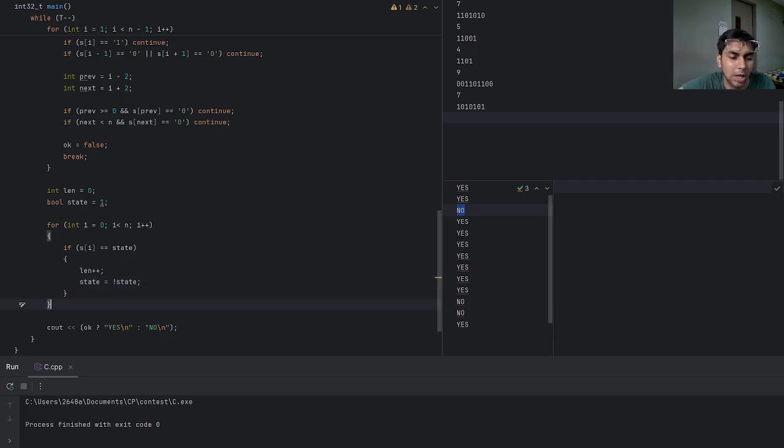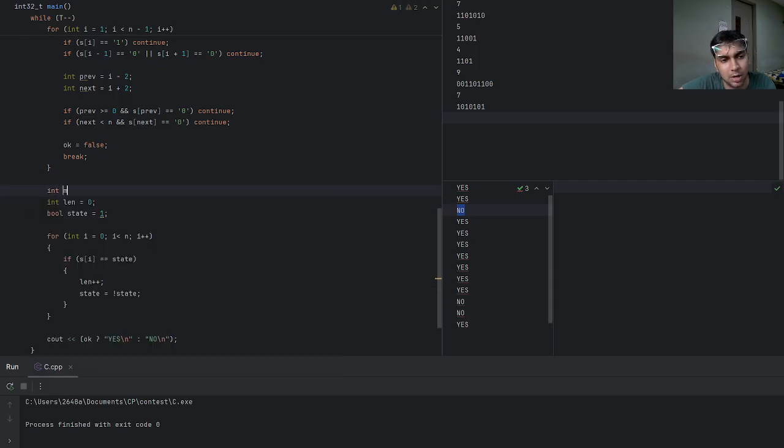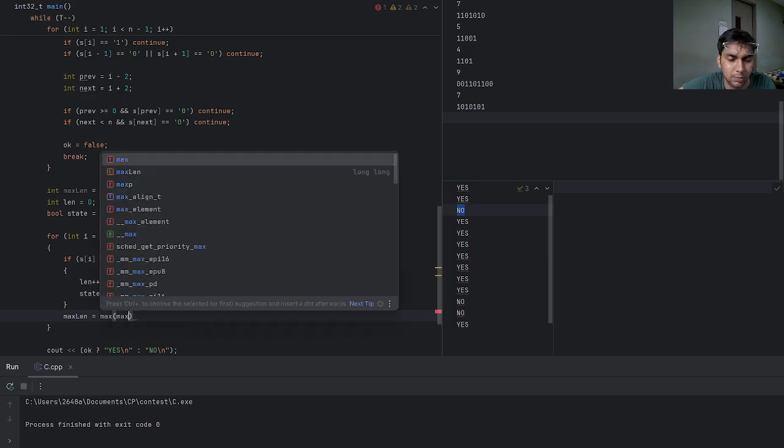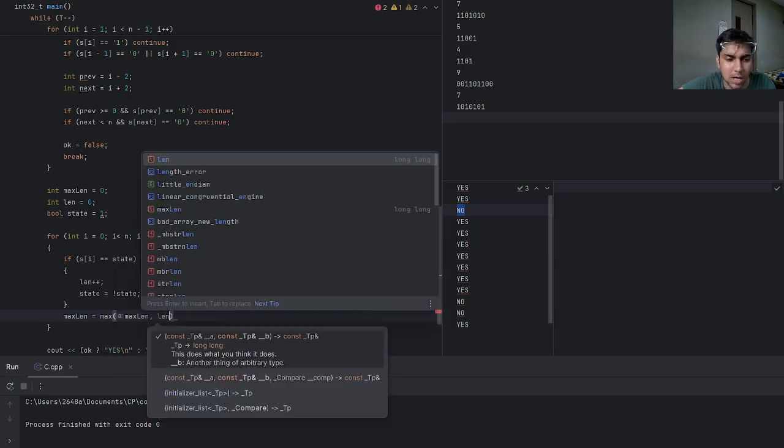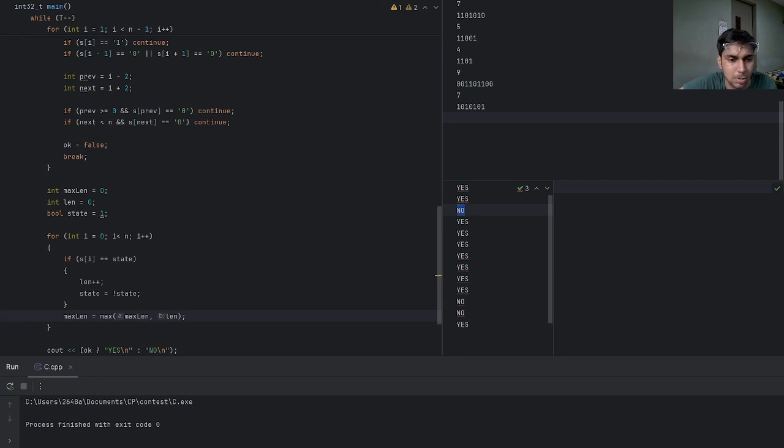And then you'll get your length whatever it is, right? So we need a max len also, right? That's what we need to check basically. So max len is basically max of max len, len, everything.